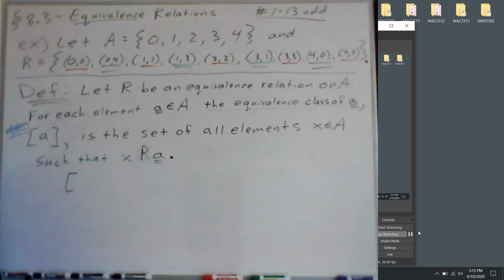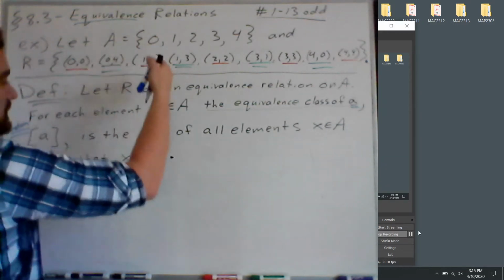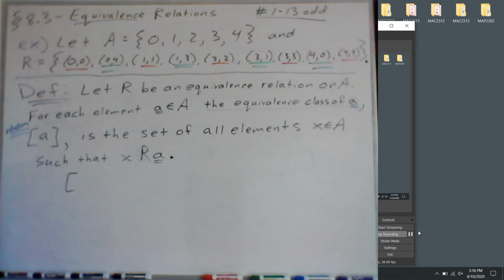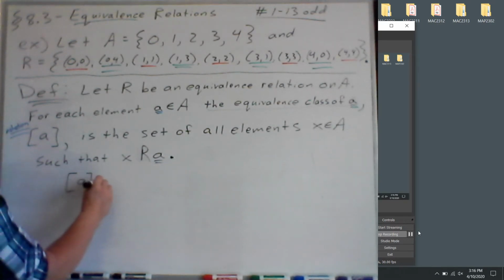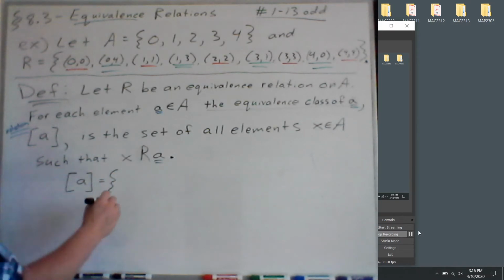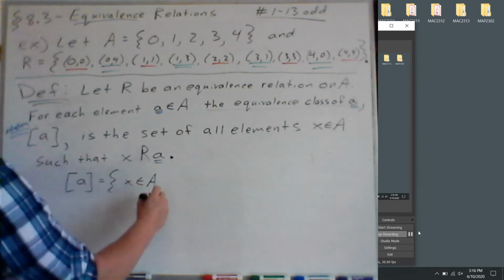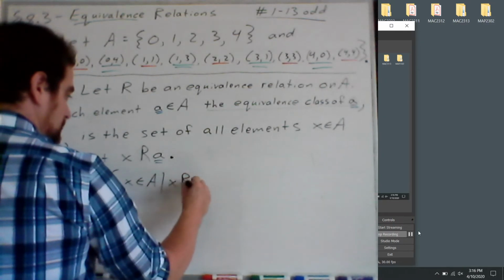Notice a is on the right-hand side here. Which other elements in the set relate to this specific element a? So we would write the equivalence class of a is the set of x, some other element in A, such that x is related to a.